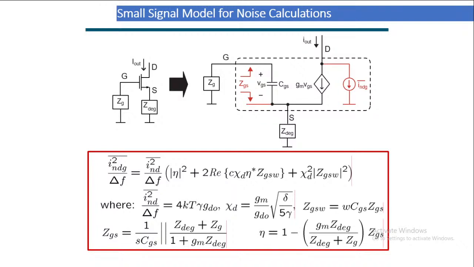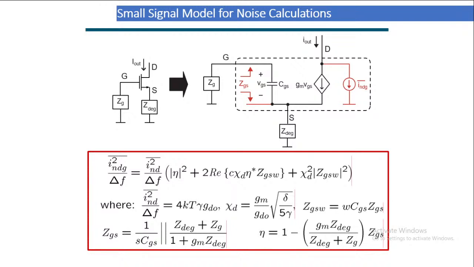So these things you can calculate easily. Look at the circuit. From the circuit, you can easily calculate ZGS, because the capacitor is in parallel with ZDEG and the current source.